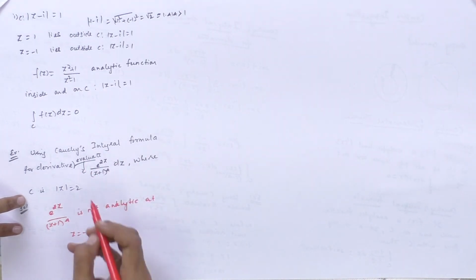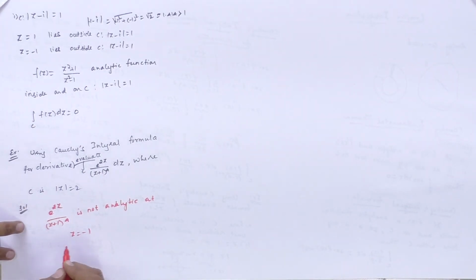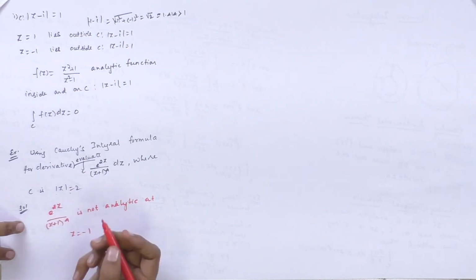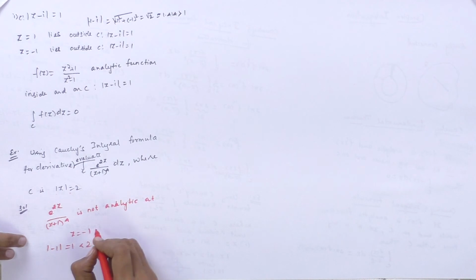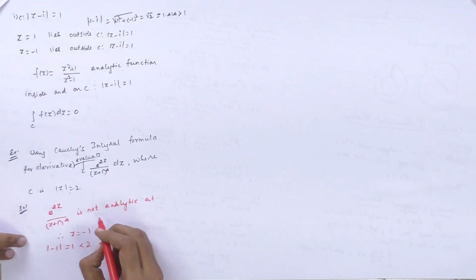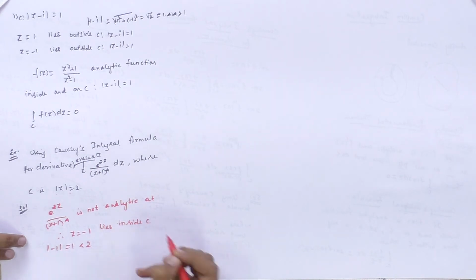If it lies inside, being the power 4, we have to use Cauchy's derivative formula. So to check whether the point z equal to minus 1 lies inside or not, by substituting z equal to minus 1 in the curve, modulus of minus 1 is equal to 1, which is less than the radius. Therefore, z equal to minus 1 lies inside C.